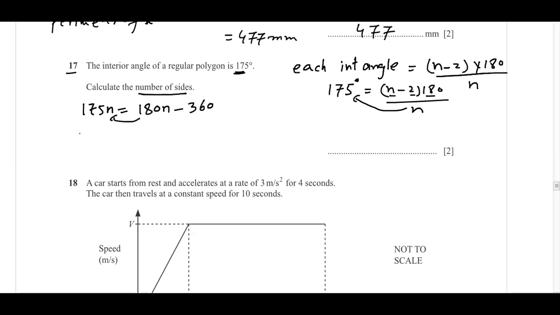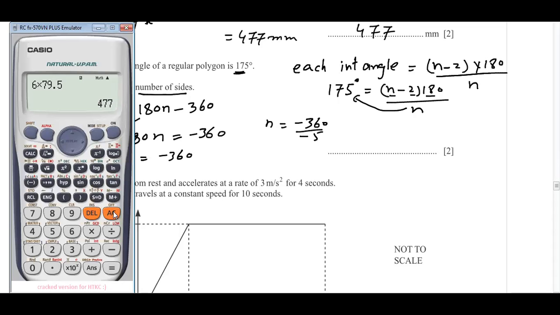Take it to the other side: 175n minus 180n equals minus 360. So minus 5n equals minus 360. So what will n be? Minus 360 divided by minus 5, which is 72.